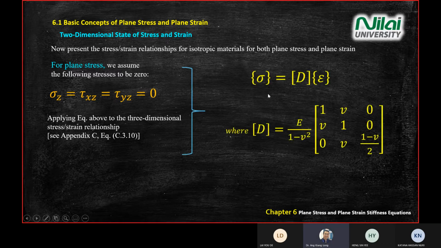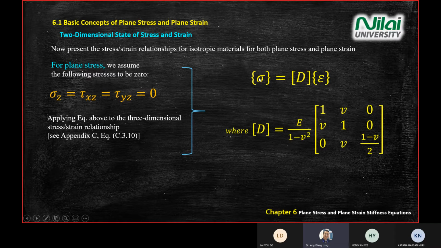And just to recap, what you learned from chapter 3, chapter 4, chapter 5, we can always link the unknowns together with the matrix. So in this case, previously you learned about F equals KD. Now today we have the converter here with the stress equal to matrix D times the strain.